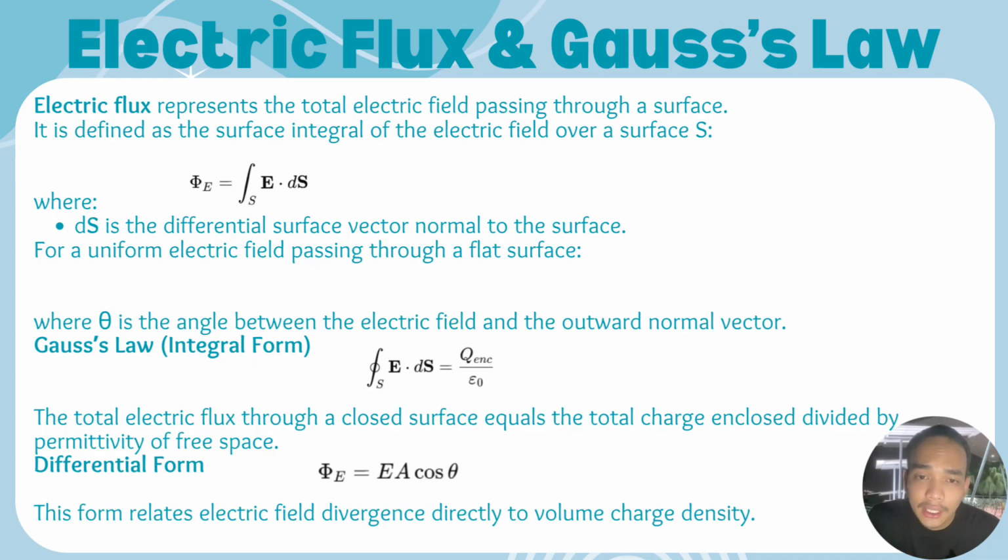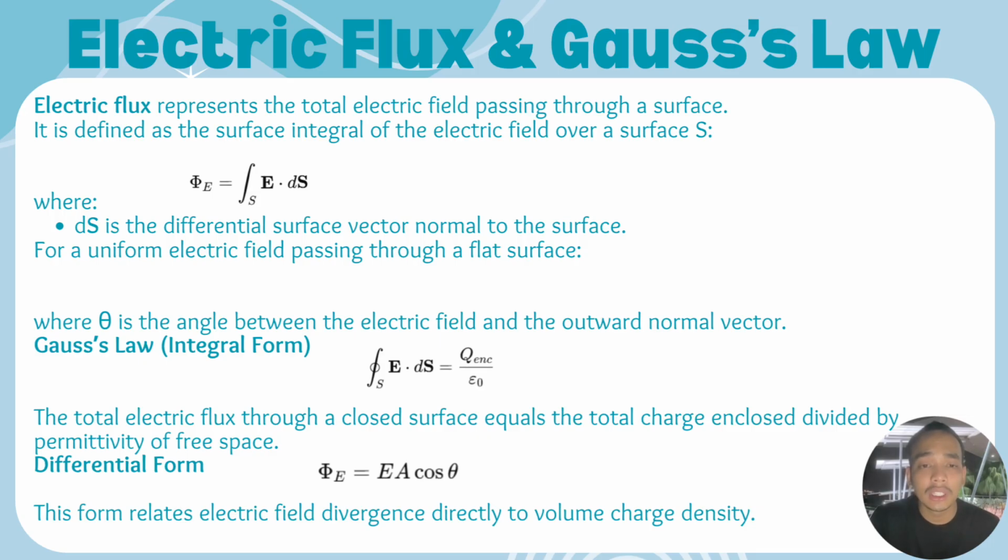Next slide, electric flux and Gauss's law. Electric flux is defined as the surface integral of the electric field. Phi E equals the integral of E dot dS. For a uniform field over a flat surface, Phi E equals E A cosine theta.